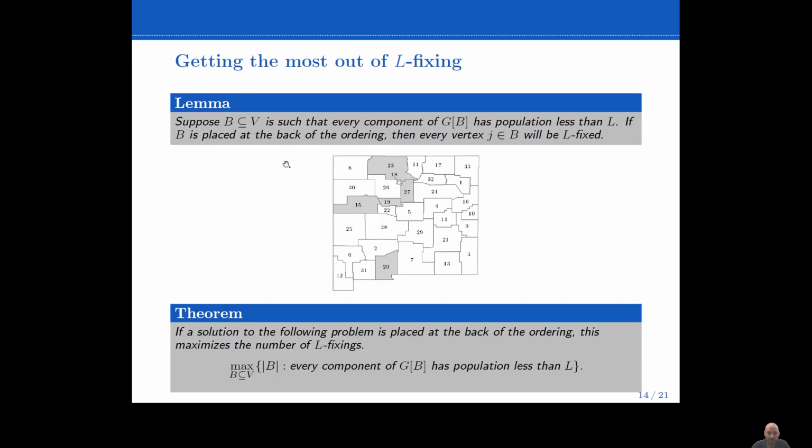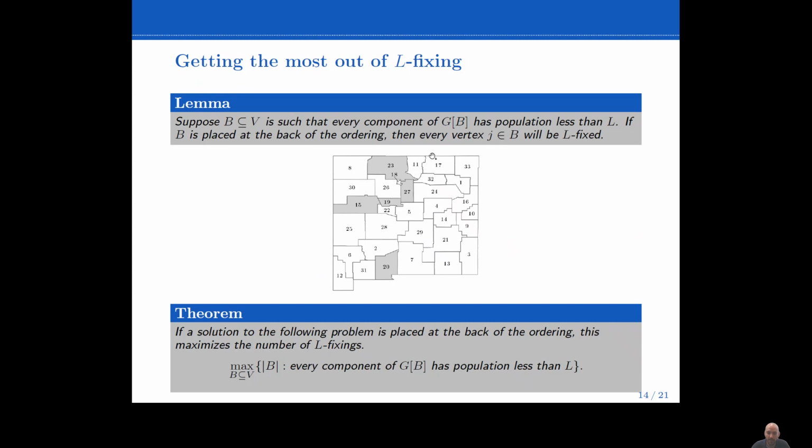It's based on this lemma. If we have a subset of vertices B, we call it B because we put it at the back of the ordering, suppose that B is such that every one of the components of its induced subgraph has small population. In this picture of New Mexico, the B counties are the ones in white.